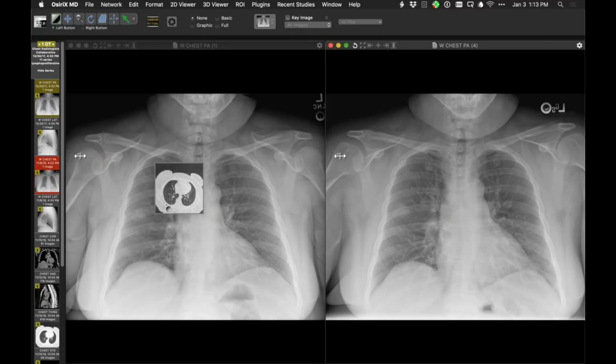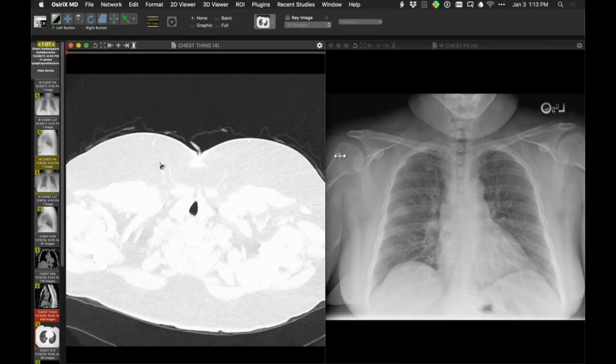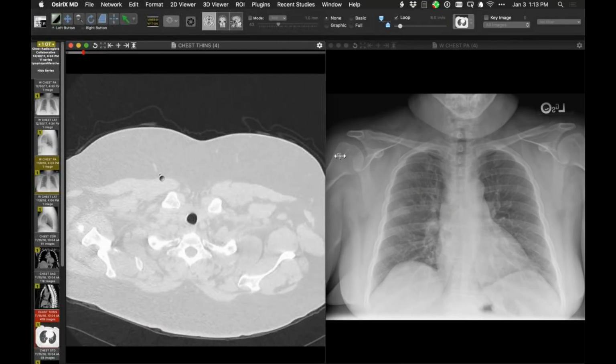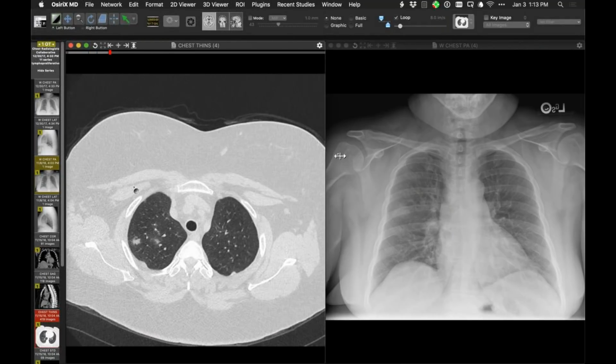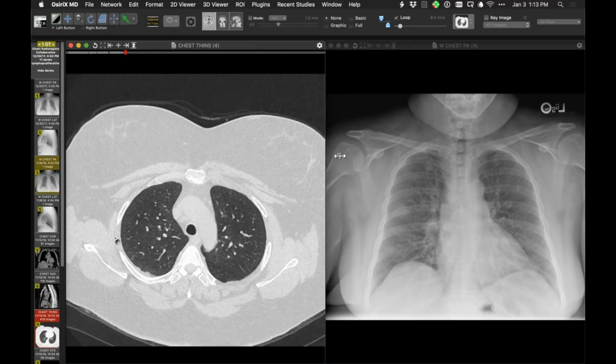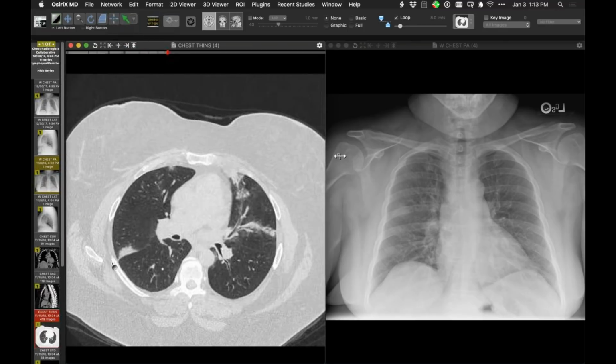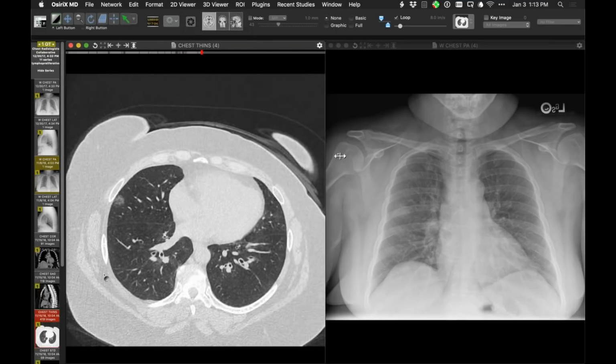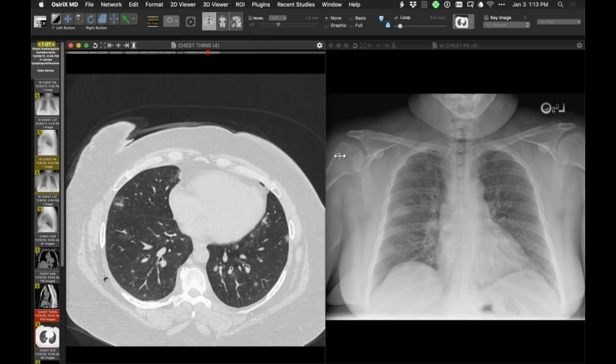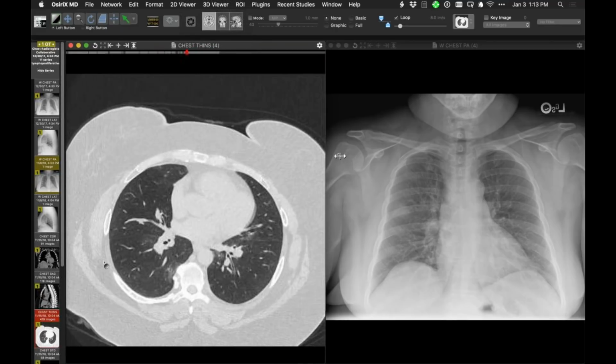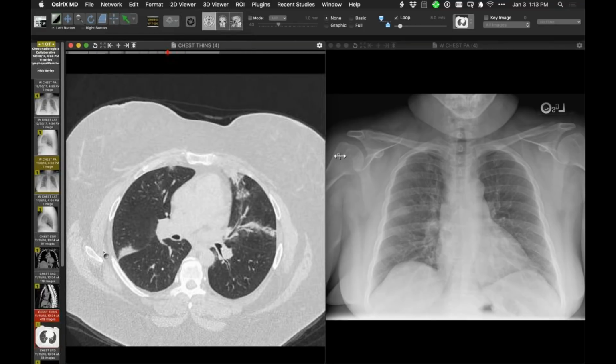So now I'll show you the CT, and you will see that that opacity is one of many multifocal opacities in the lungs. I'll just scroll through quickly. You'll see that it is multifocal, multilobar. The opacities in some locations are solid, in other locations more ground glass attenuating.